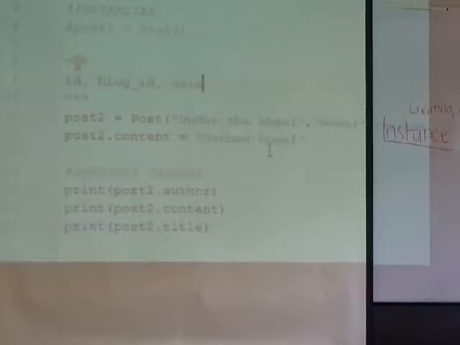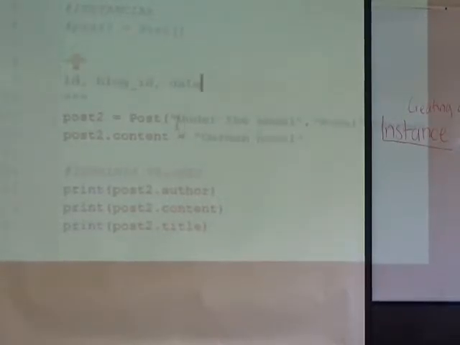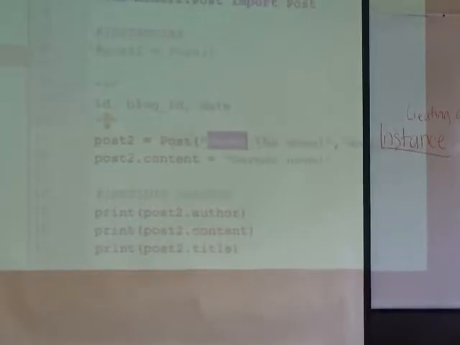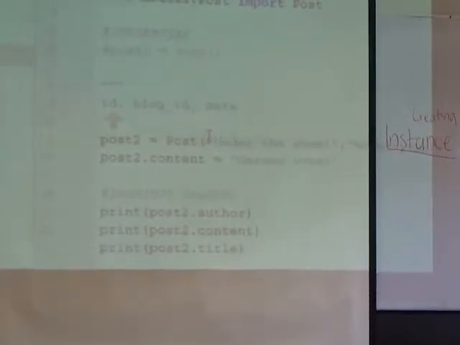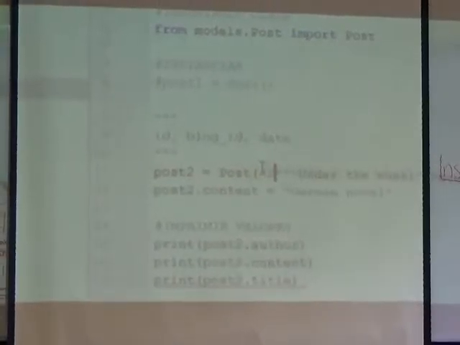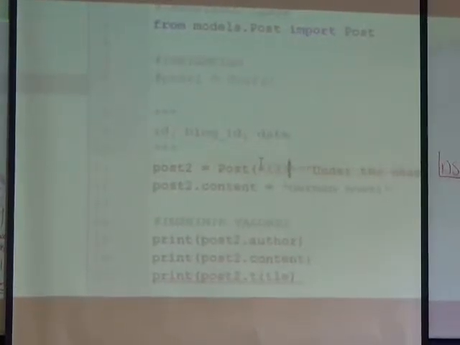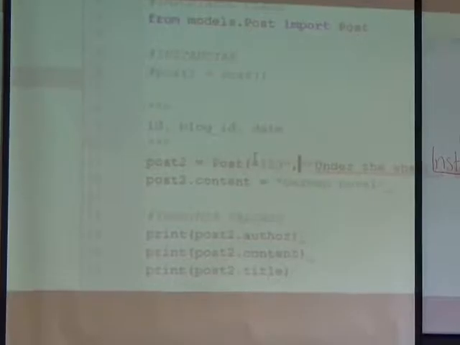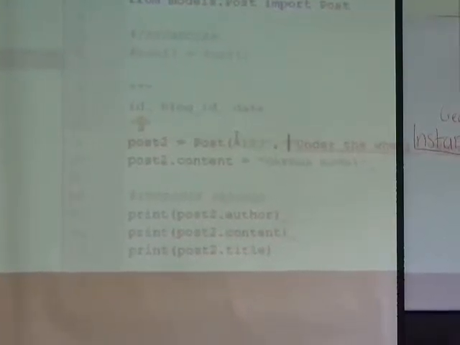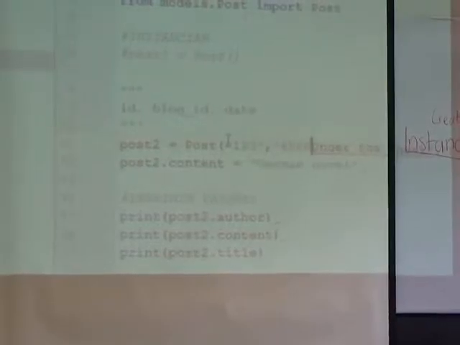The ID, let's put 0, like 1 maybe? 1, 2, 3. Then the block ID 4, 5, 6.